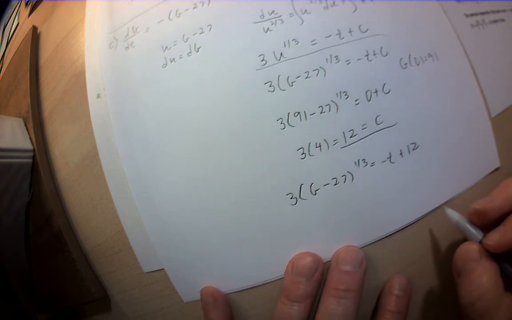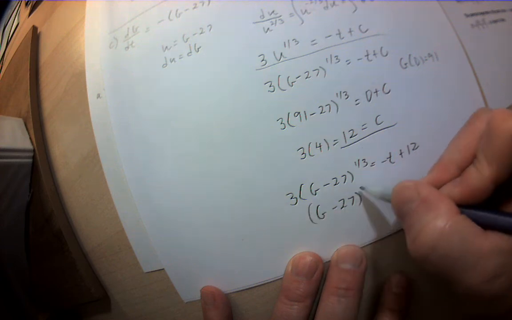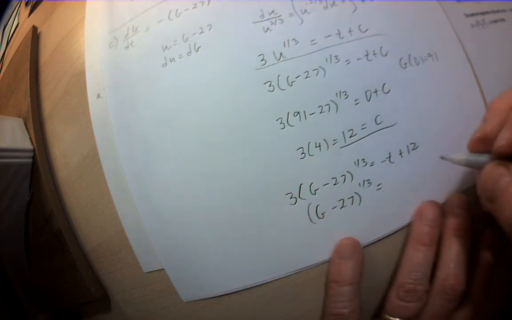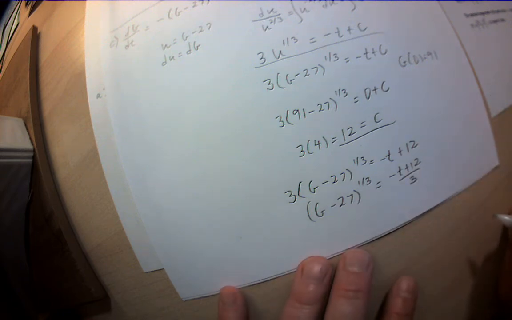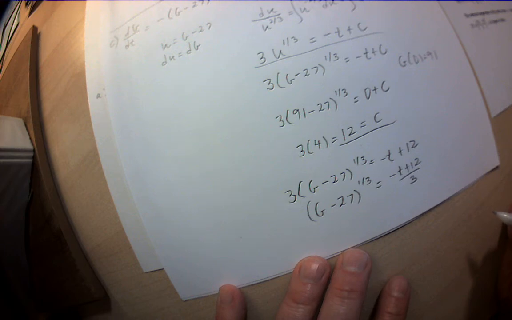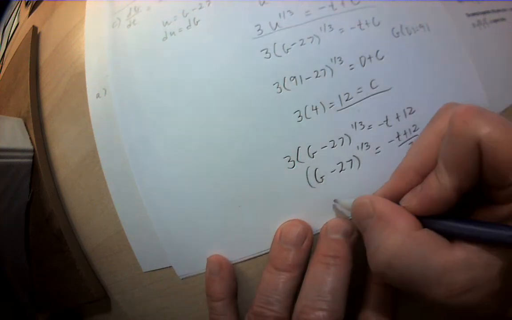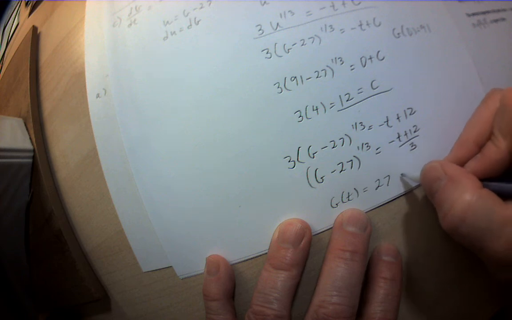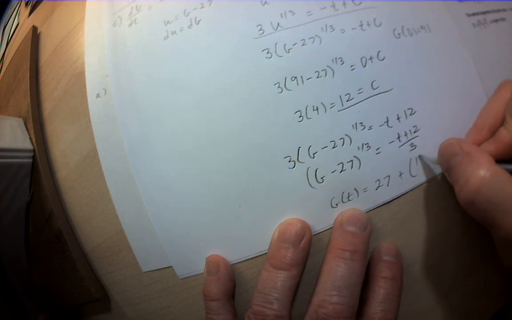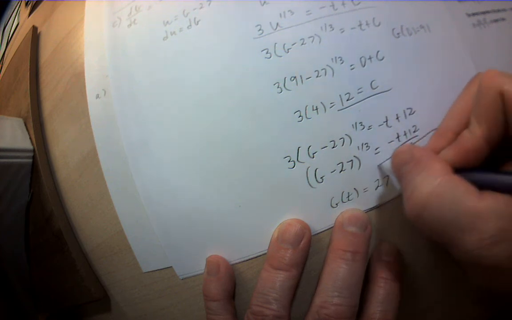Okay, they want g by itself. So (g minus 27) to the 1/3 equals (negative t plus 12) over 3. Then I get g of t equals 27 plus ((12 minus t) over 3) to the 3rd power.